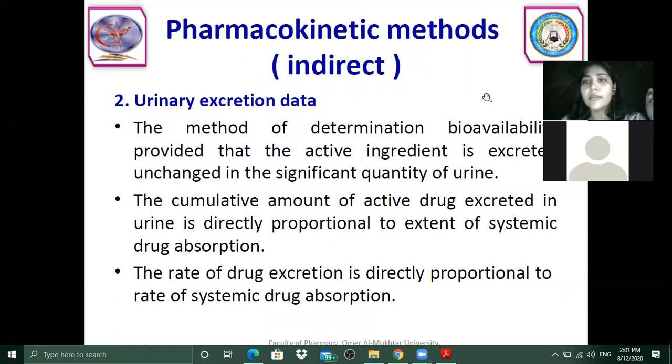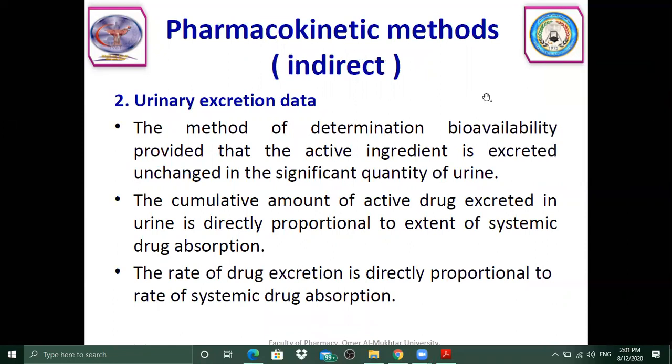So the method of determination of bioavailability provided that the active ingredient is excreted unchanged in significant quantity of urine. So the cumulative amount of active drug excreted in the urine is directly proportional to the extent of systemic drug absorption.